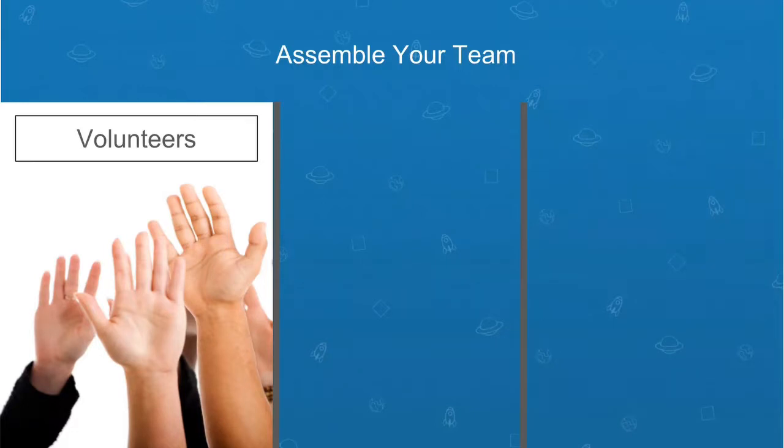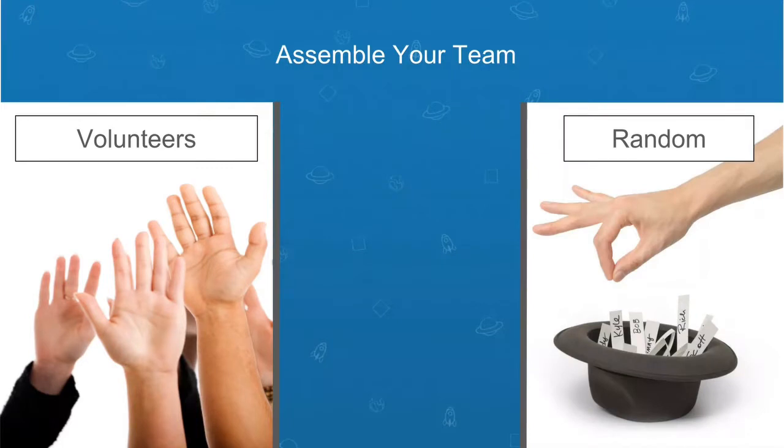Another option is random selection, and this is useful for when you are looking at adoption rates or disruption in the classroom. This will give you an idea of the impact it'll have on schools and faculty when it scales beyond the pilot.